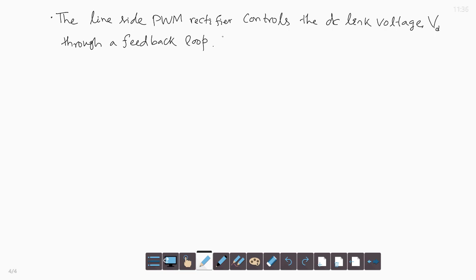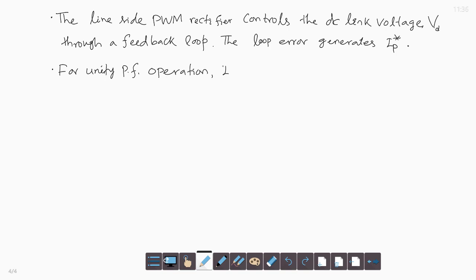The loop error generates IP star for unity power factor operation, which requires IQ star equal to 0.